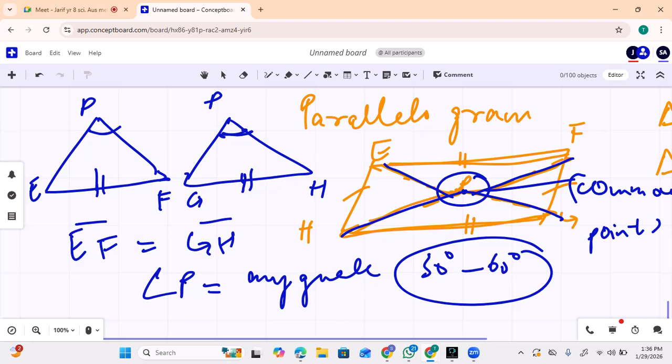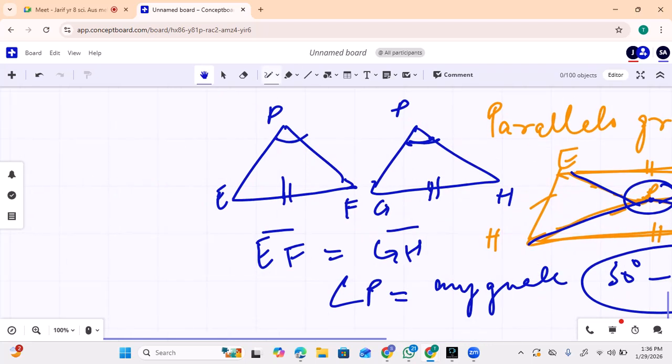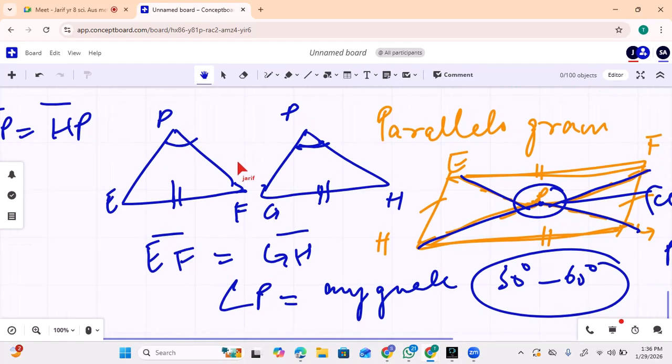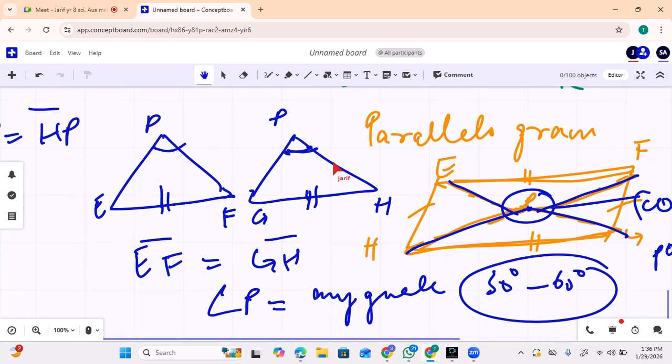That means that side EP is equal to side HP, and side FP is equal to side PG.